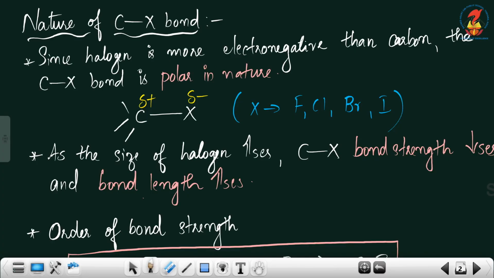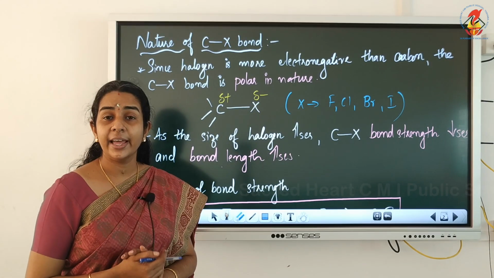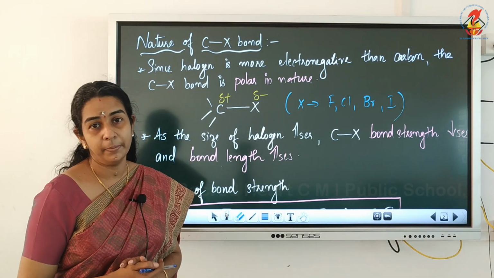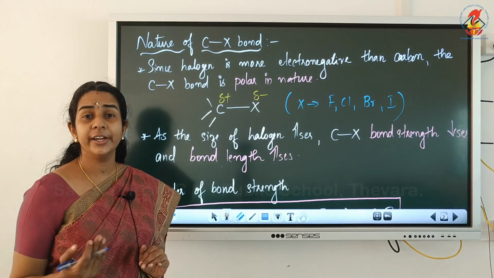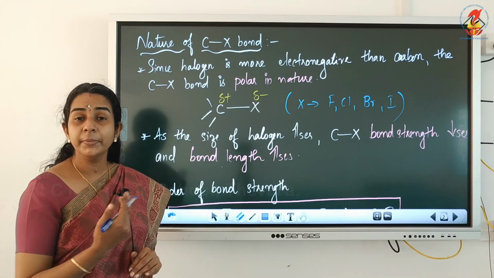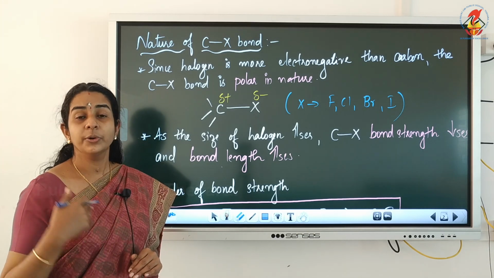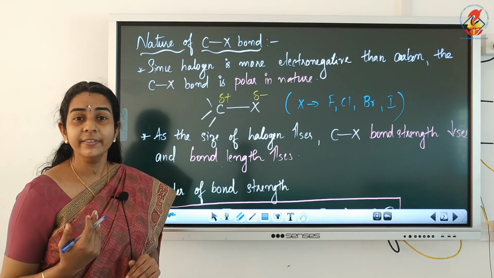So what about the nature of the C-X bond in haloalkanes and haloarenes? We know that a C-X bond means the halogen is attached to carbon, isn't it? Halogen belongs to group 17 and carbon belongs to group 14, so halogen is always more electronegative than carbon.